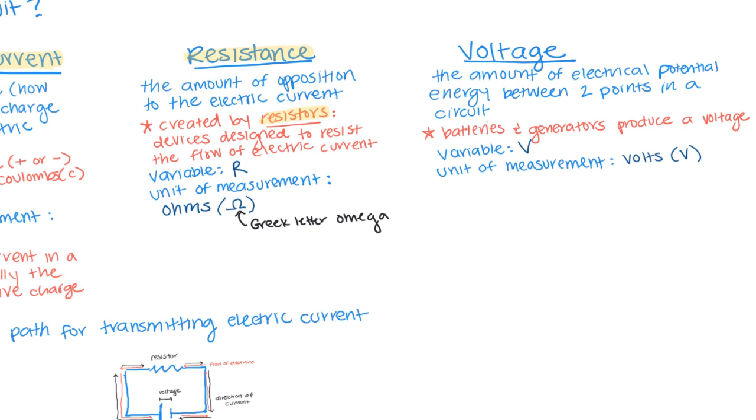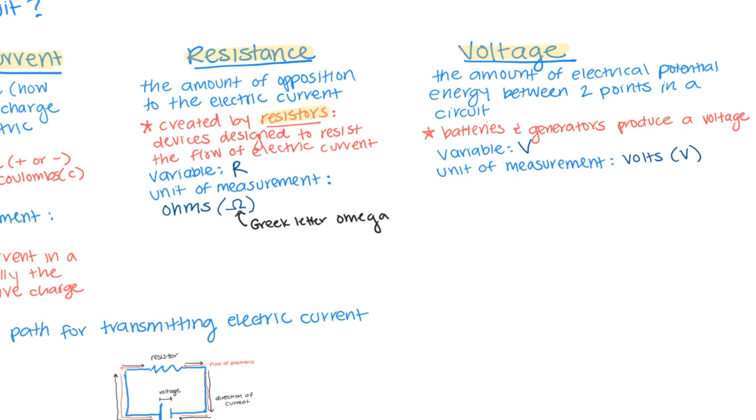Finally, the last vocabulary term we're going to go over in this video, the main one, is voltage, right? So voltage is the amount of electrical potential energy between 2 points in a circuit. So think back to when we talked about types of energy.